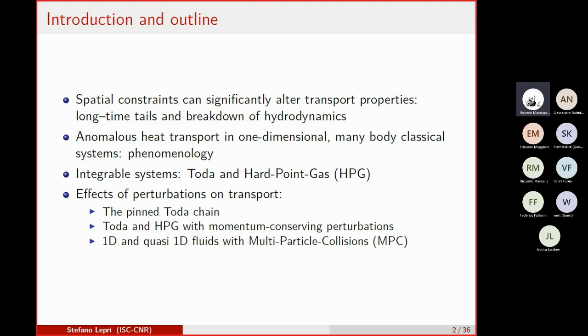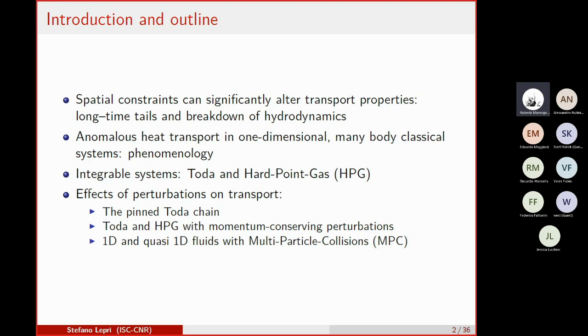So what happens in a nutshell is that the usual heat equation must be replaced by something different, which is typically a superdiffusive type of equation.